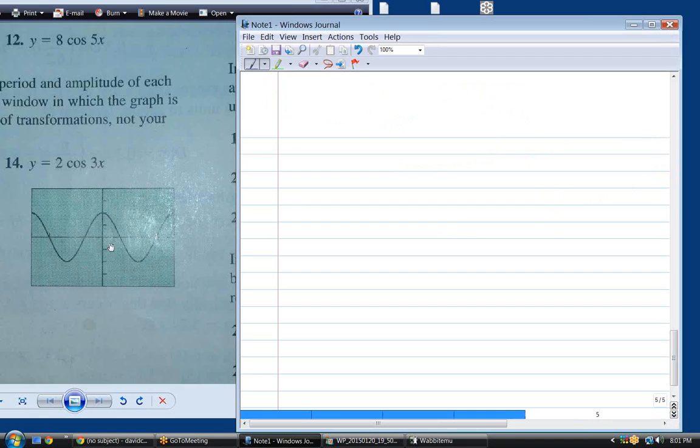Our amplitude goes from what to what? Oh, that is negative 2 to 2. Okay, so our amplitude is 2. What's our period? 2 pi over 3.